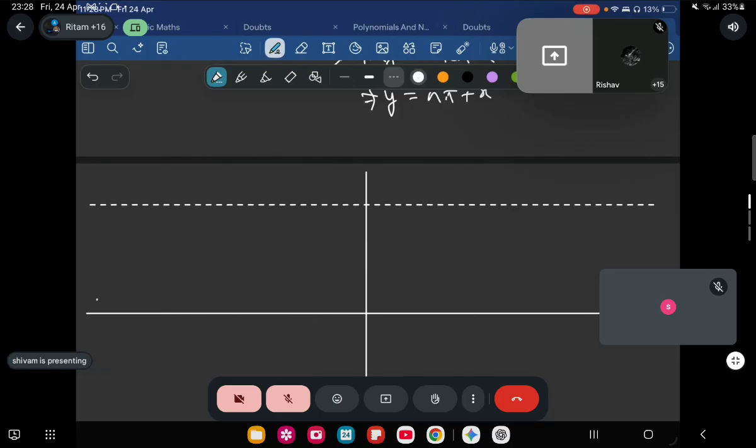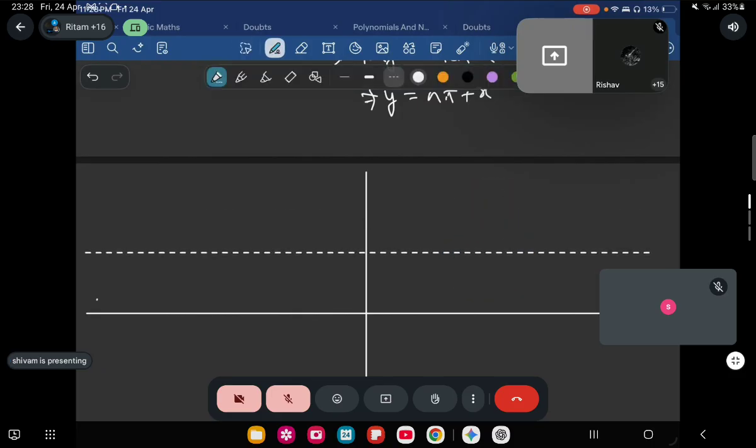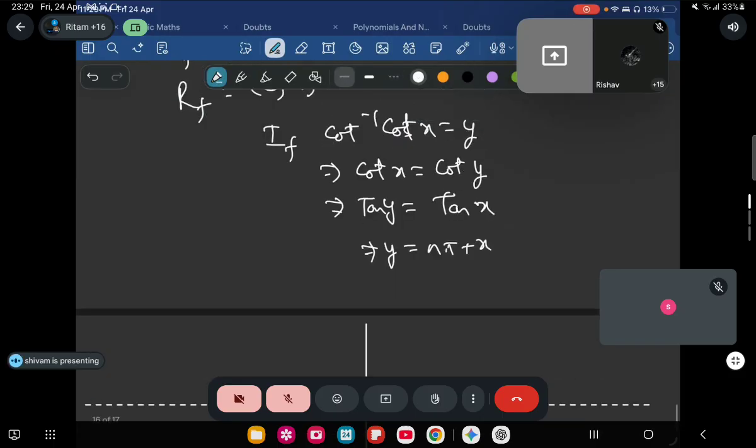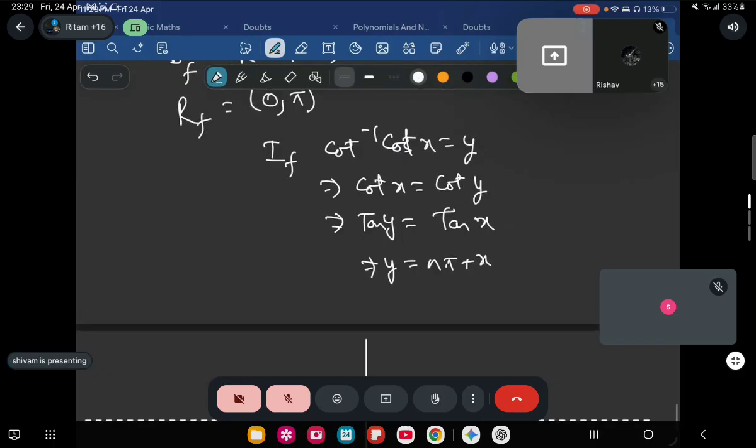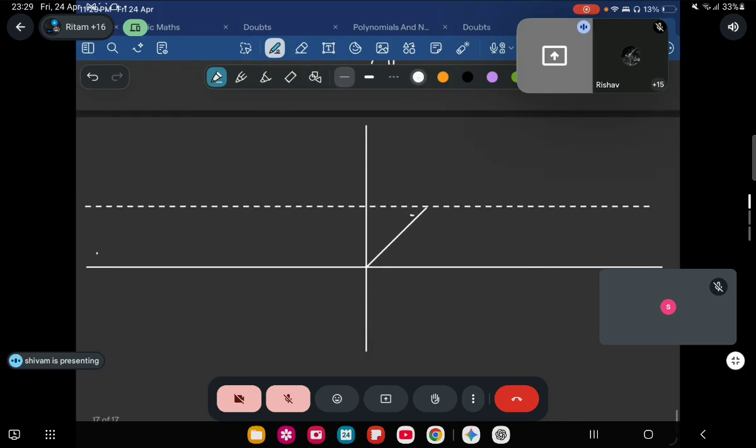Okay. Now let us draw the graph. So from 0 to pi, this is how the graph will look like. Okay, next.